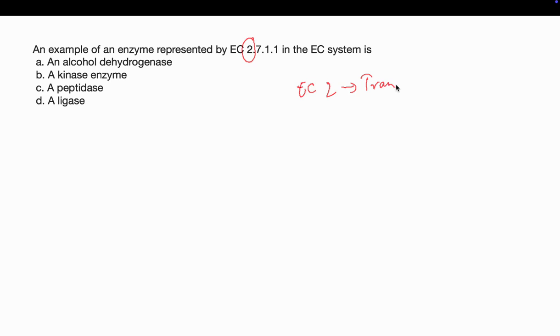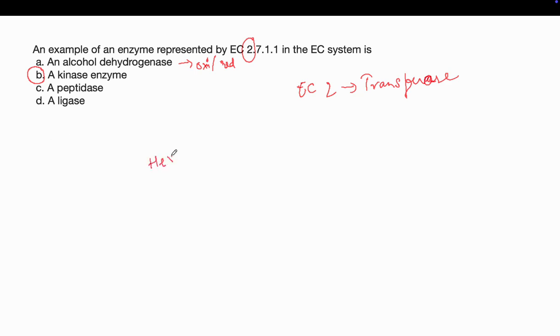These transfer different functional groups. Alcohol dehydrogenase is an oxidation-reduction reaction, so it belongs to oxidoreductases. Kinases, yes, the correct answer is kinases, as they transfer the phosphate group.